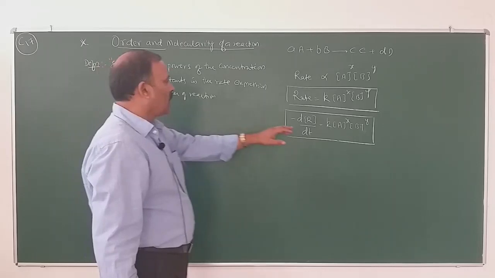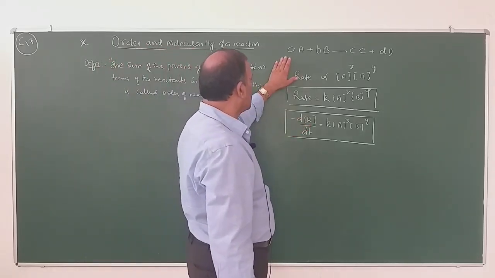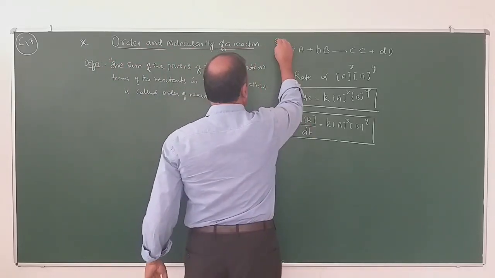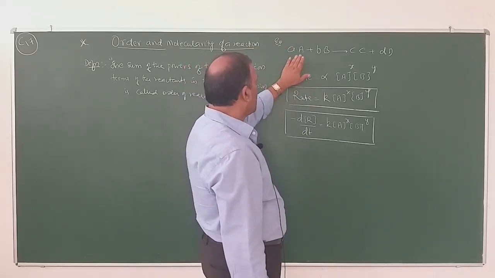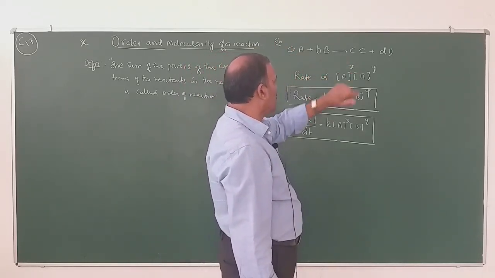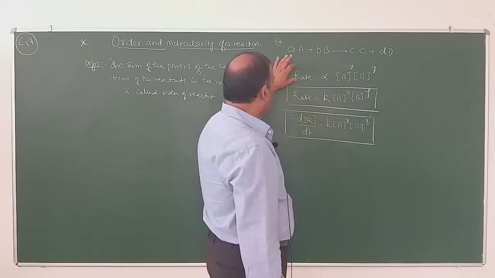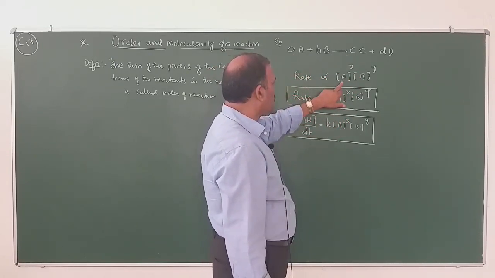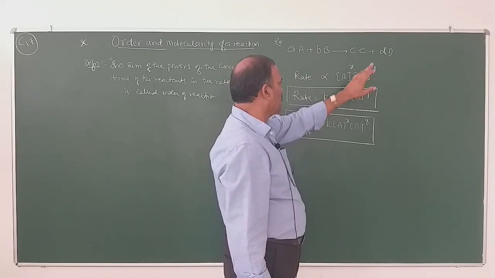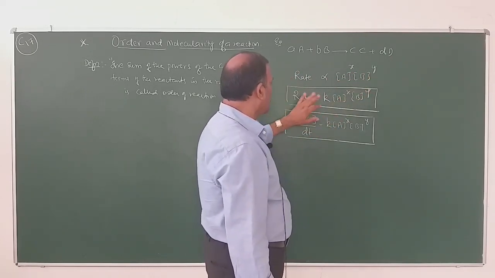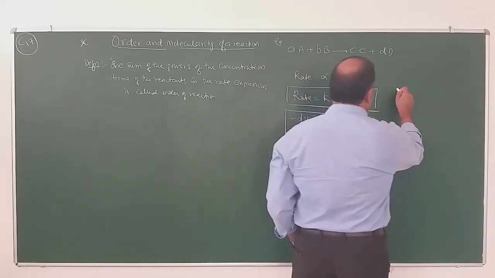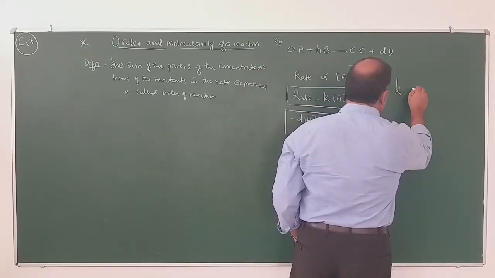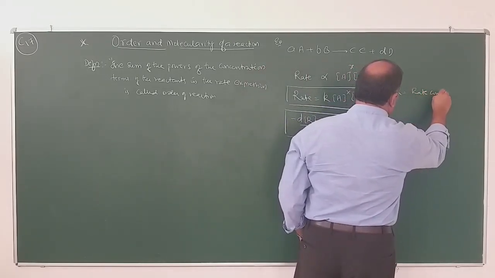Sum of the powers. So let us consider a general reaction of the type aA + bB gives cC + dD, where rate of this reaction is proportional to concentration of A to the power of x, B to the power of y, then rate is equal to K into concentration of A to the power of x into concentration of B to the power of y. Here K is called rate constant.